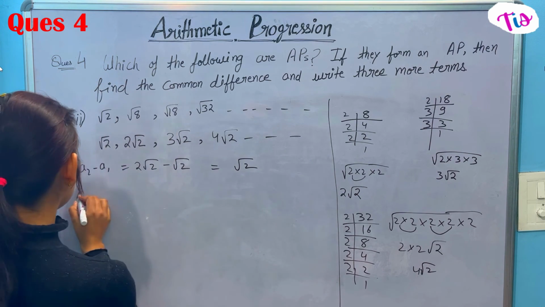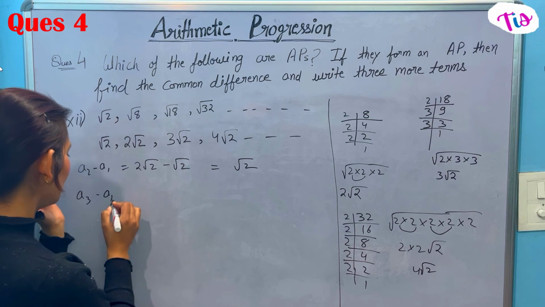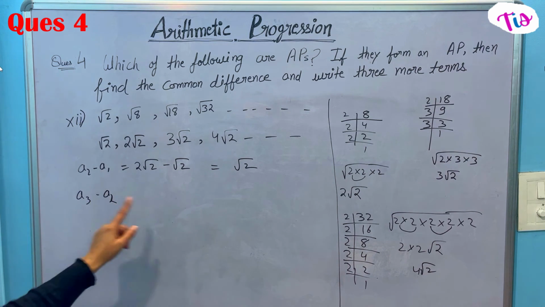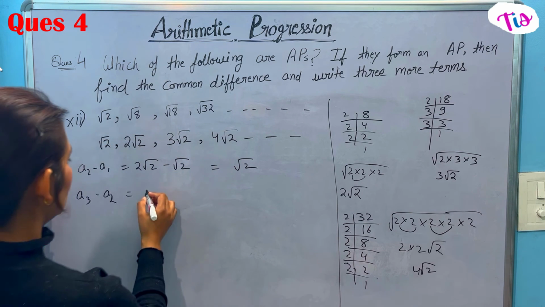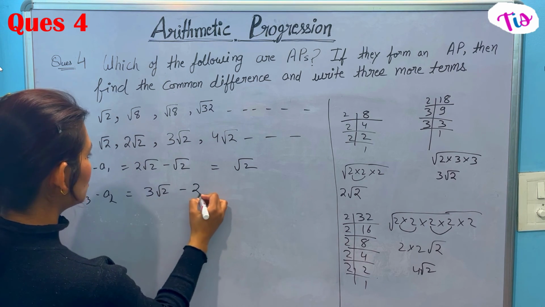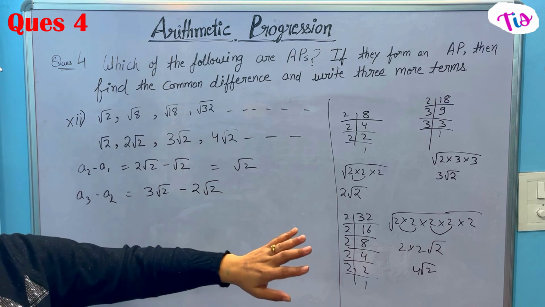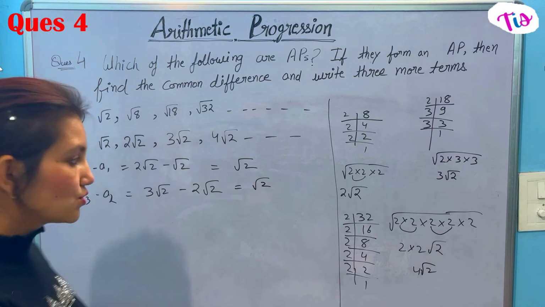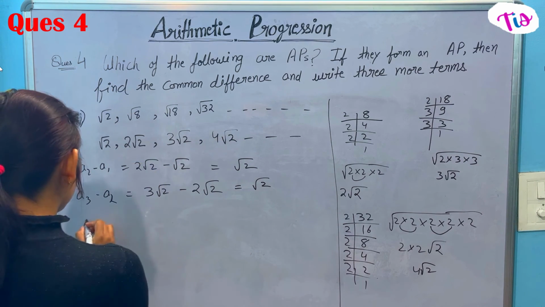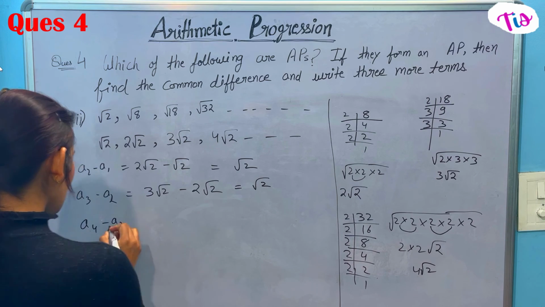Now check for A3 minus A2. What is A3 here? A3 is 3 root 2. So 3 root 2 minus 2 root 2 is again root 2. Now A4 minus A3.